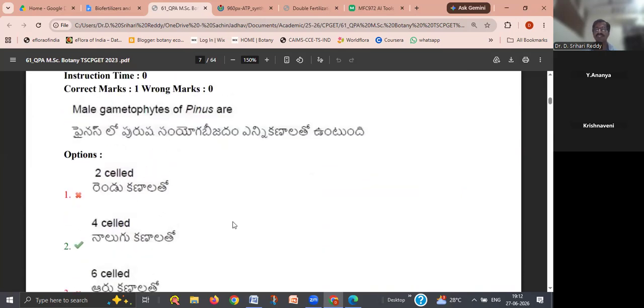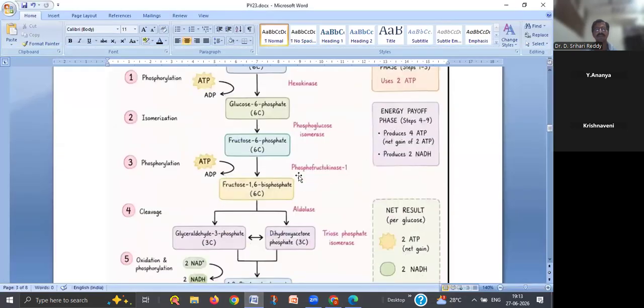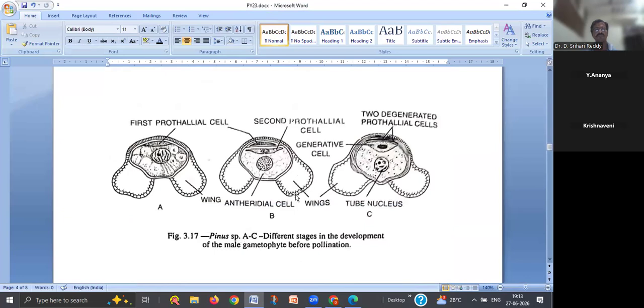So in the case of angiosperms, we see the male gametophyte at the time of pollination is 2-celled. But Pinus, being a gymnosperm, if you see the diagram here, we already discussed the male gametophyte or the pollen grain or the microspore, which contains two wings.